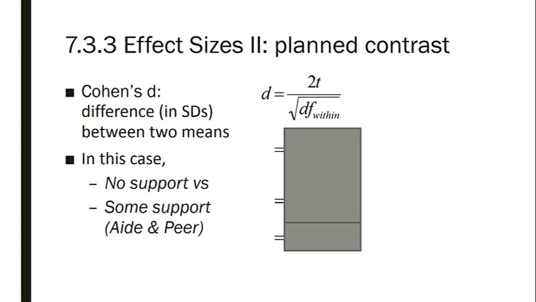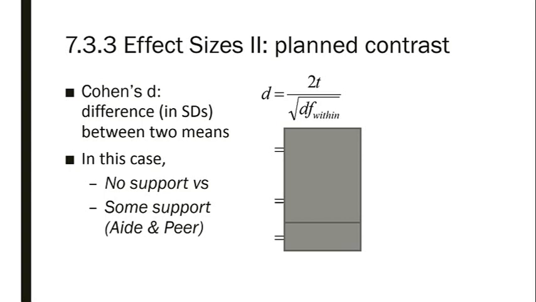Now, we could calculate combined means and standard deviations and calculate the Cohen's d the way that we would just as if we'd done that independent samples t-test from the very beginning.